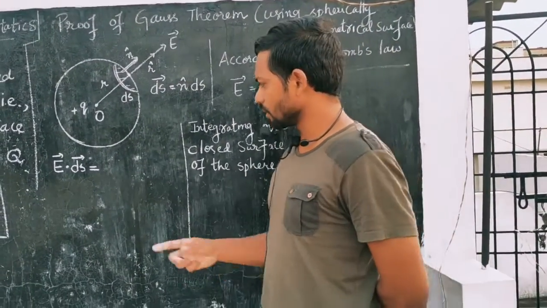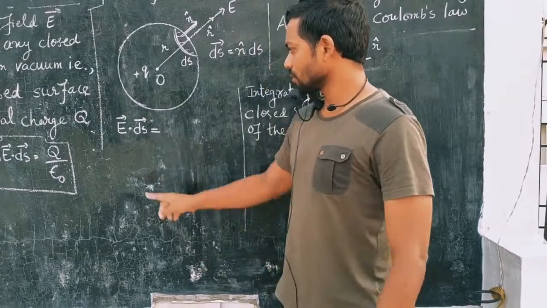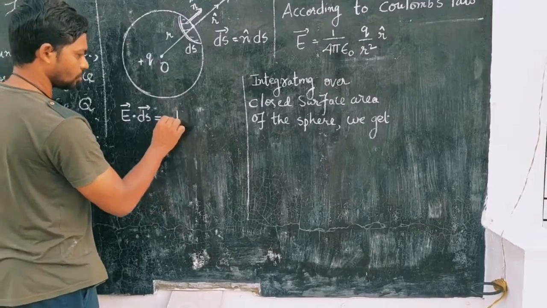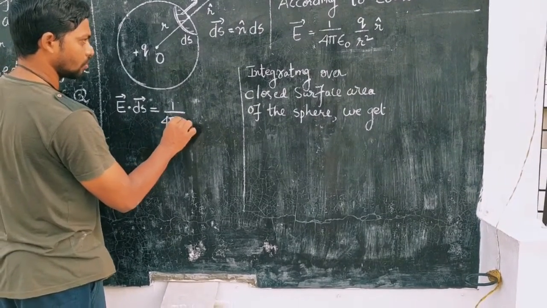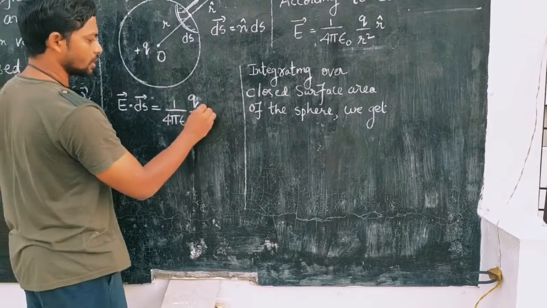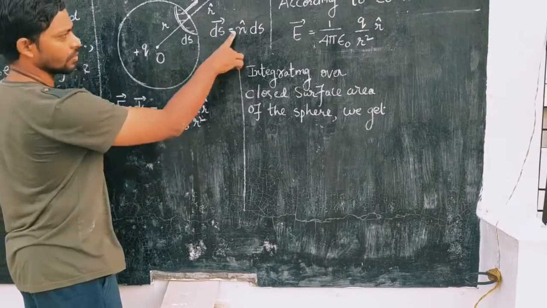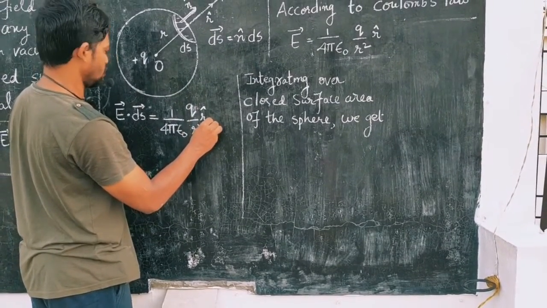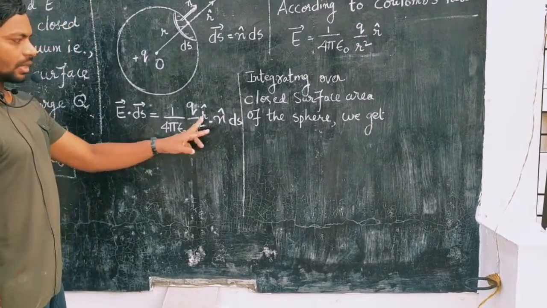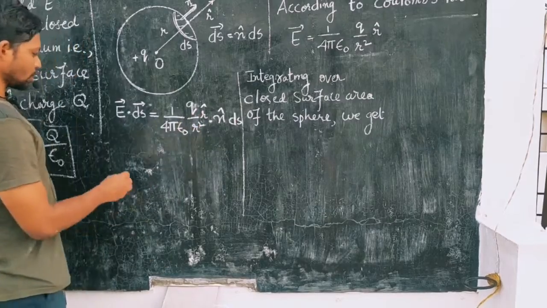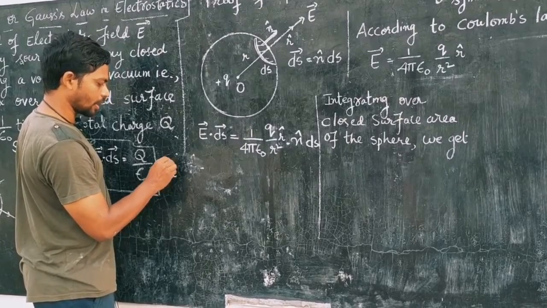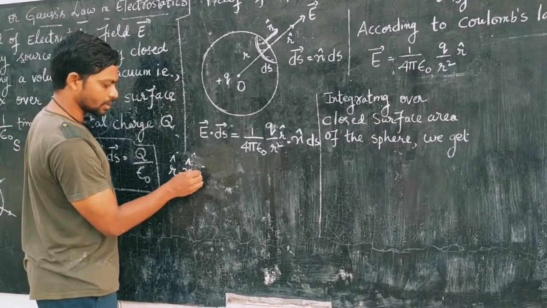Now we'll come to the part of calculating this value, E dot dS. From Coulomb's law we have this. Let us substitute the value. Q by r square, it is r cap, then dS value is given here, dot n cap dS. Now you can see here there are two unit vectors. We know that r cap dot n cap is nothing but 1.